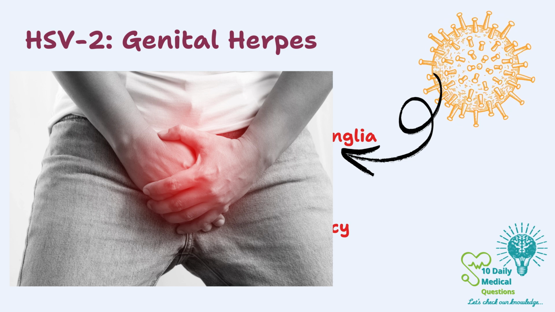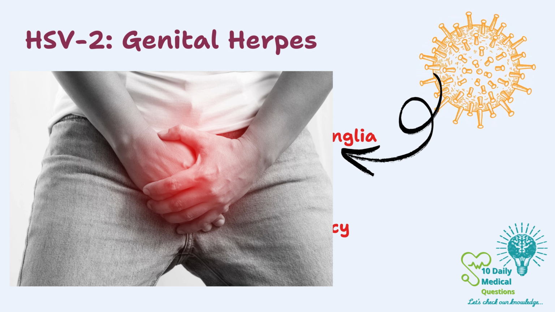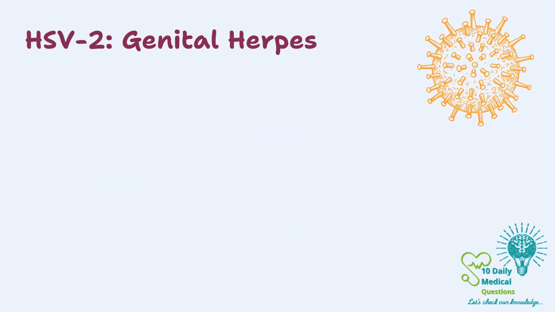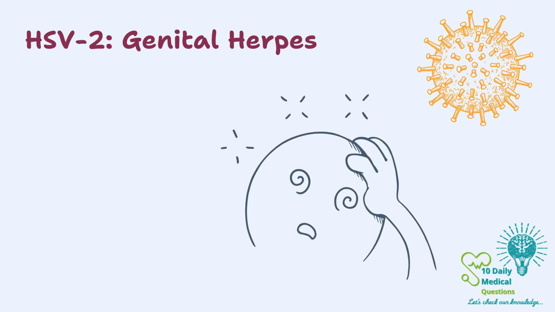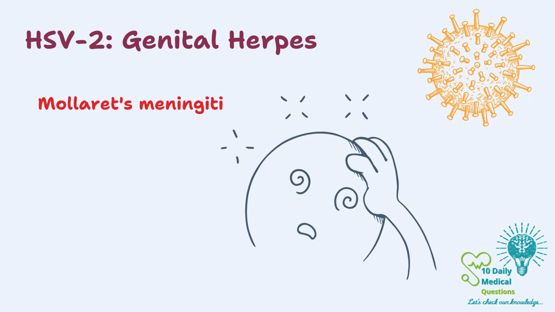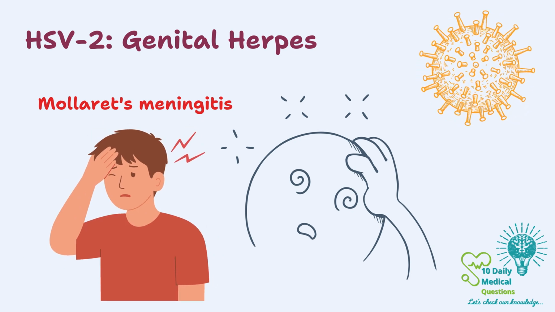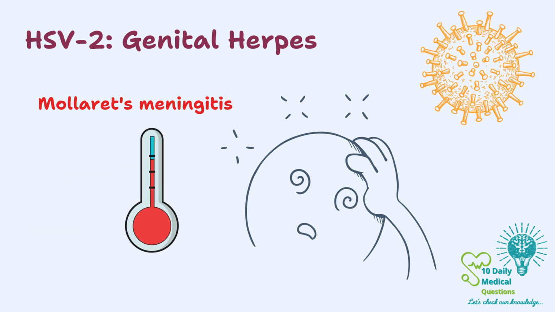These recurrences tend to be milder and shorter in duration compared to the first episode. HSV-2 can also cause aseptic meningitis known as Mollaret's meningitis, which is characterized by recurrent episodes of headache, fever, and meningismus.